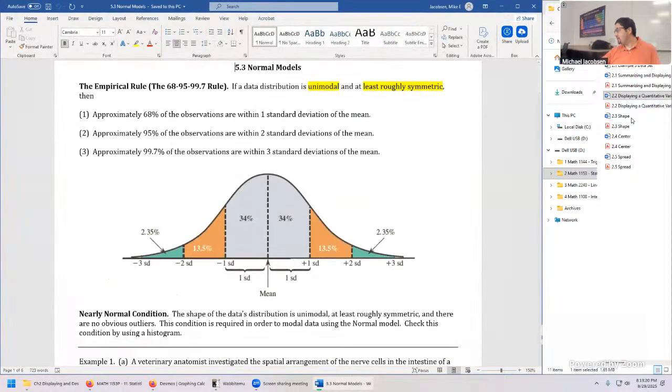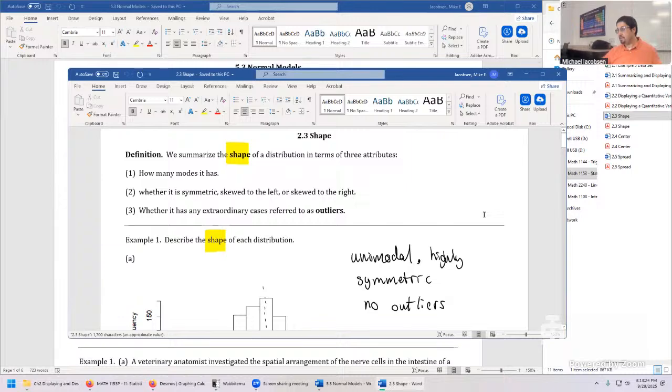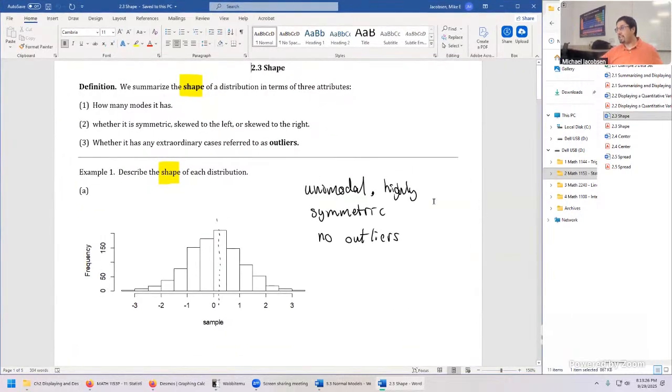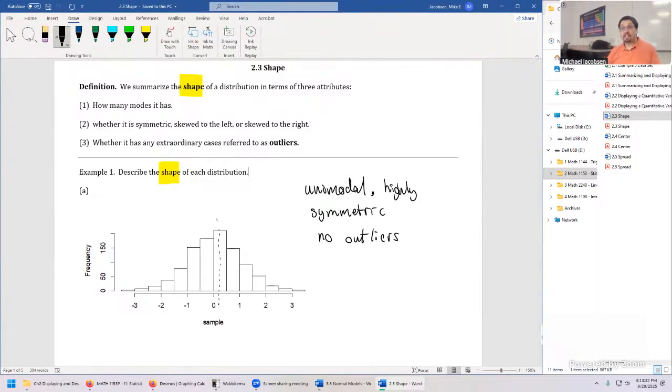Let's look into another one in section 2.3. We like our data to be at least roughly symmetric. And this was that kind of data. It looks highly symmetric. For these data, think of the histogram that we see here as kind of just a rough snapshot in time.